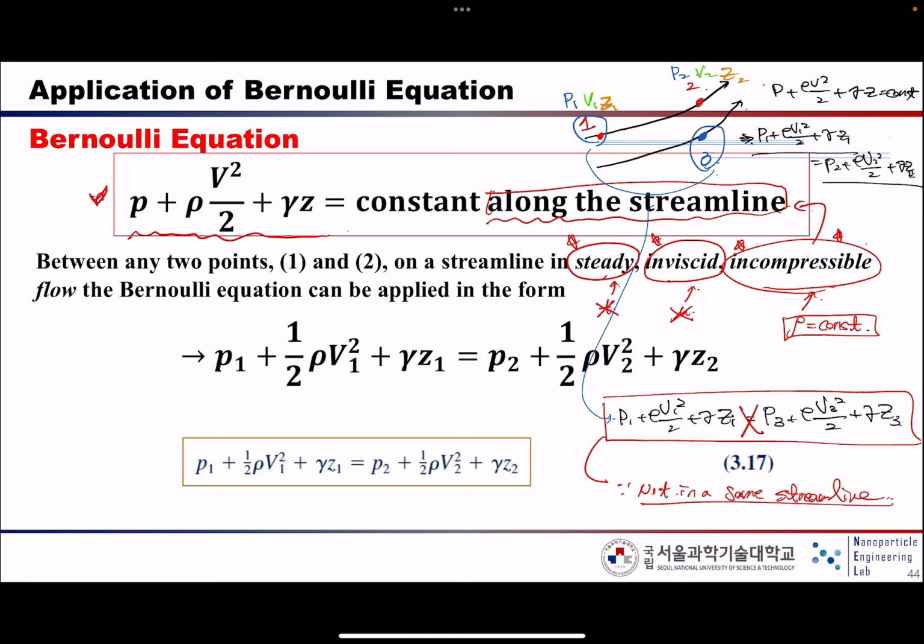So you should make sure that for point 1 and point 3 you cannot use the Bernoulli equation.